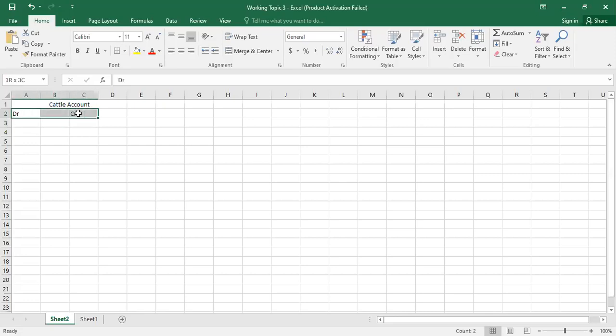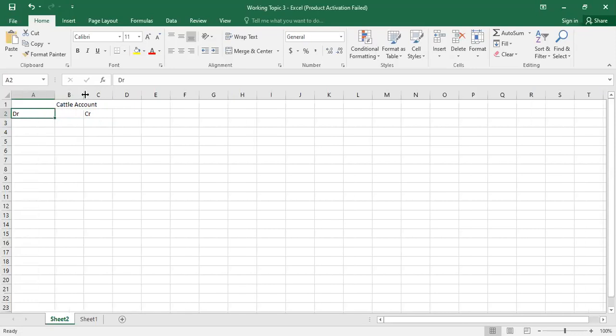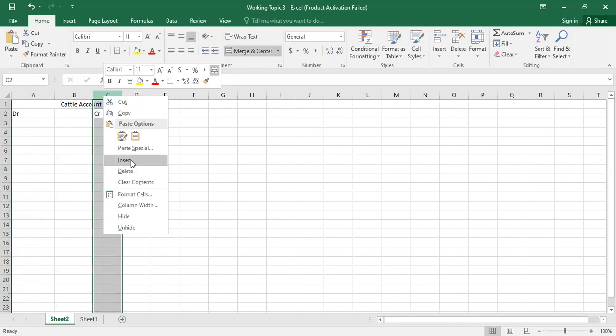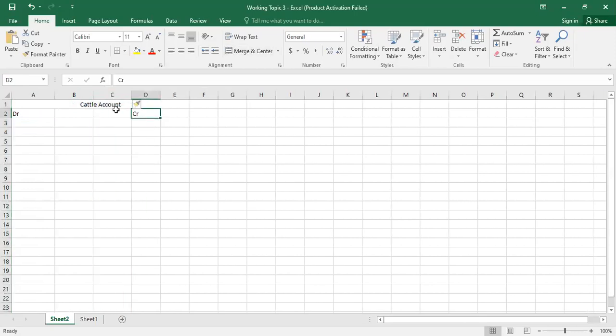The easiest way to split them. So I'll have the item here, and I'll have the amount. Now we have even the number, so let me just add a column. So I'll have the number of cattle, and then I have the amount.